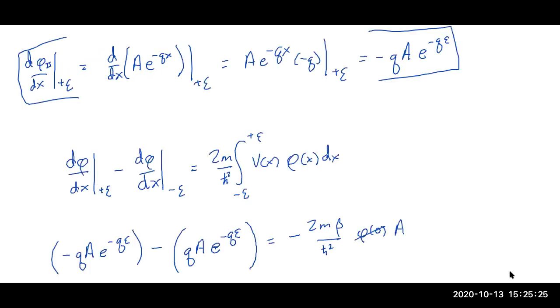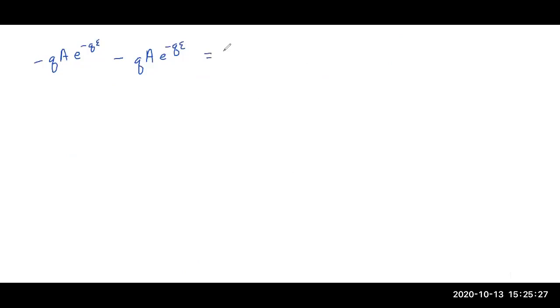So I have minus q a e to the minus q epsilon minus q a e to the minus q epsilon, which is equal to minus 2m beta over h bar squared times a. For which there is much rejoicing, because this means that all the a's cancel.